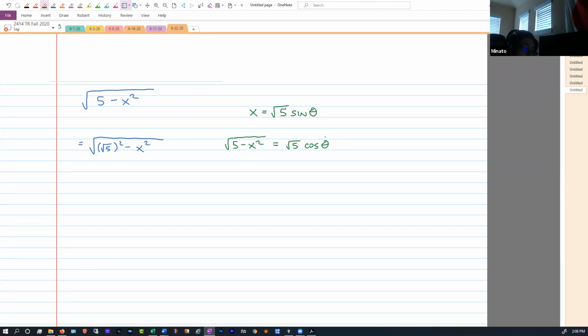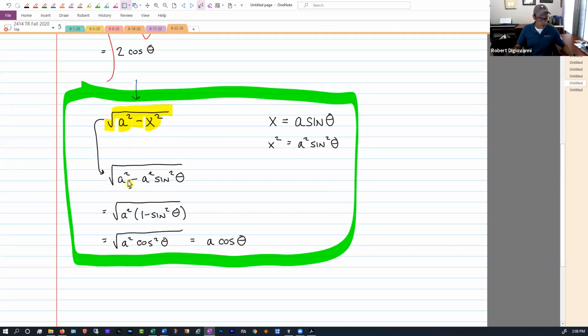Why is it sine, by the way? That's a great question. The reason it's sine is because, by design, there was a minus sign here, so we know that we will be able to factor the A squared out and we'll be left with 1 minus sine squared theta, which allows us to switch to cosine.